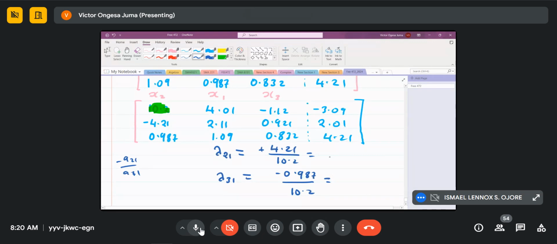The first one, what is it? 0.4127. And then this other one, 0.0968.